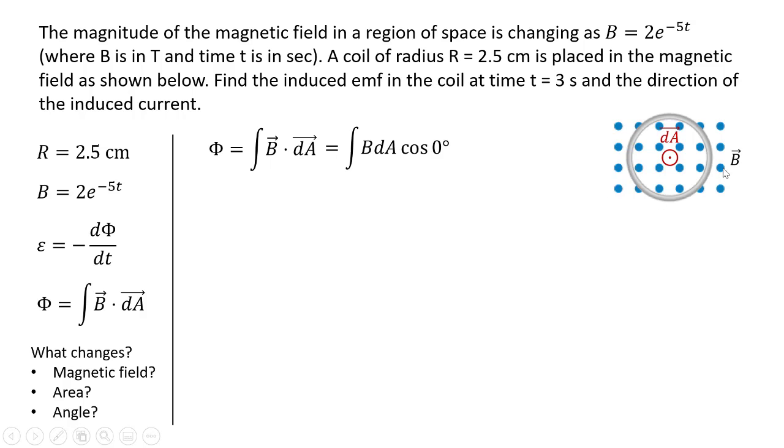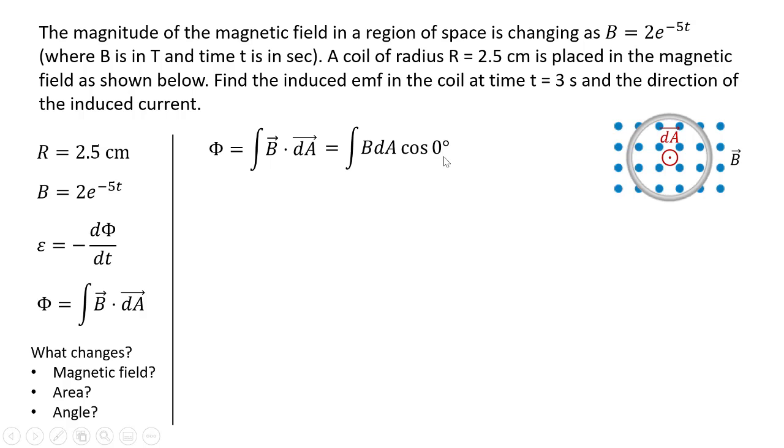Well, the magnetic field comes out of the page, and the area element is also oriented out of the page because, according to the convention, the area element is always perpendicular to the area and away from it, towards your eyes.